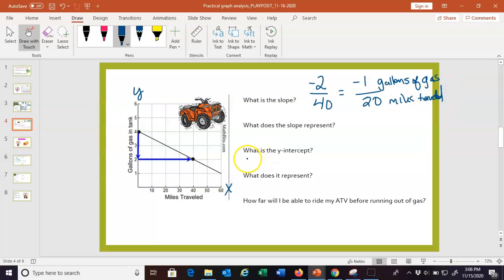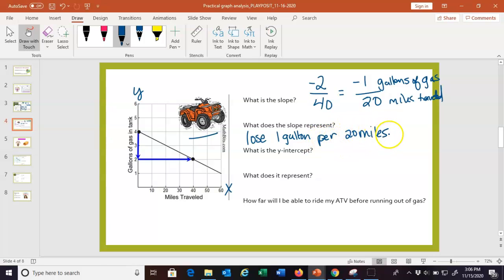That's what we would expect because the longer you drive anything, whether it's an ATV, a car, an airplane, the longer you use the vehicle, the more gas you're going to use. So it's going to decrease over time. So the slope here represents the number of gallons of gas used per 20 miles traveled. So you're going to lose 1 gallon per 20 miles.